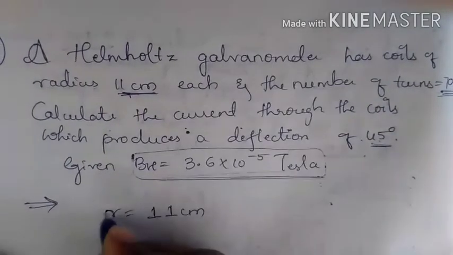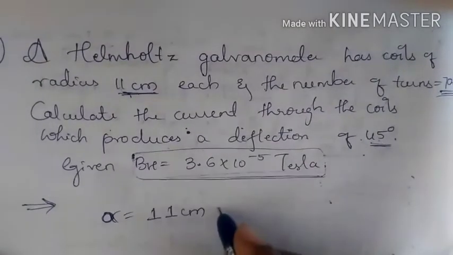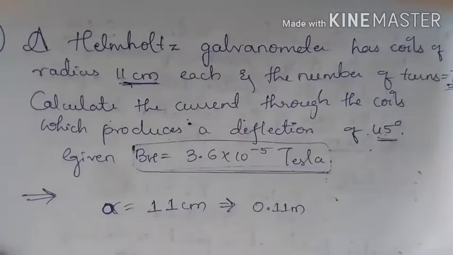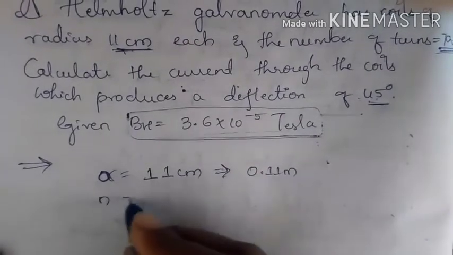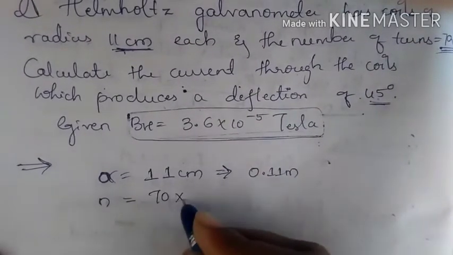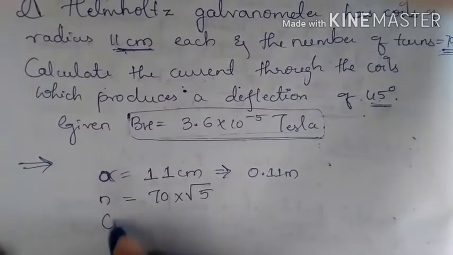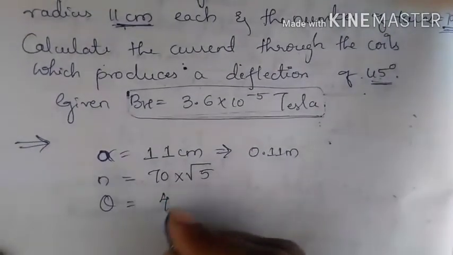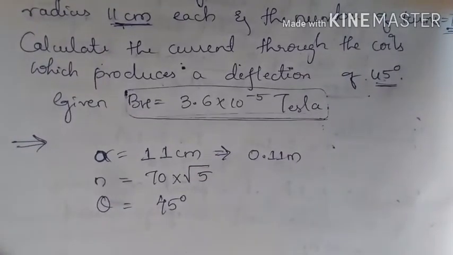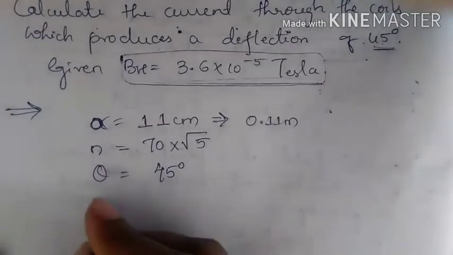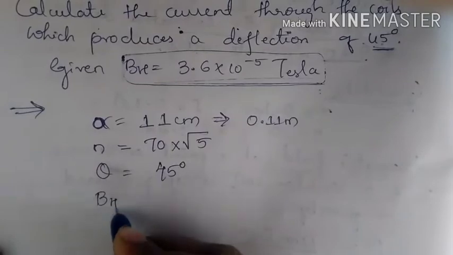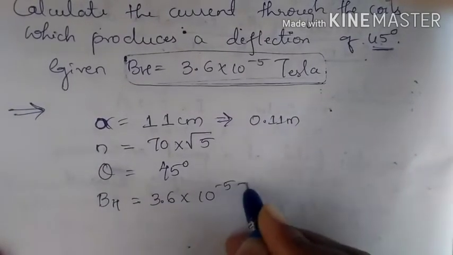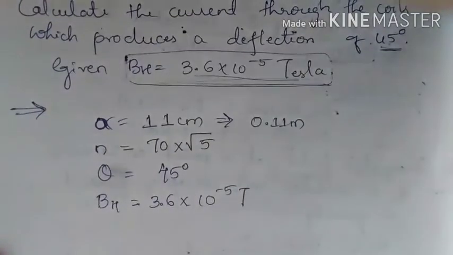Here radius has been taken as A. So 11 centimeter will be equal to 0.11 meters. Next, the number of turns N is equal to 70 into root 5 and theta is 45 degrees. So tan 45 degrees is again 1. So no complications. BH is equal to 3.6 into 10 power minus 5 Tesla, which is given here.